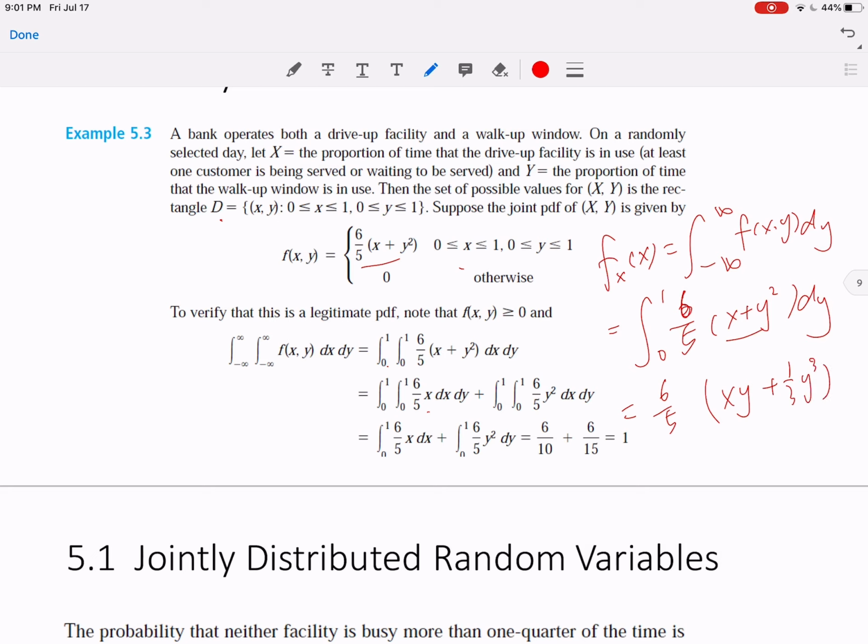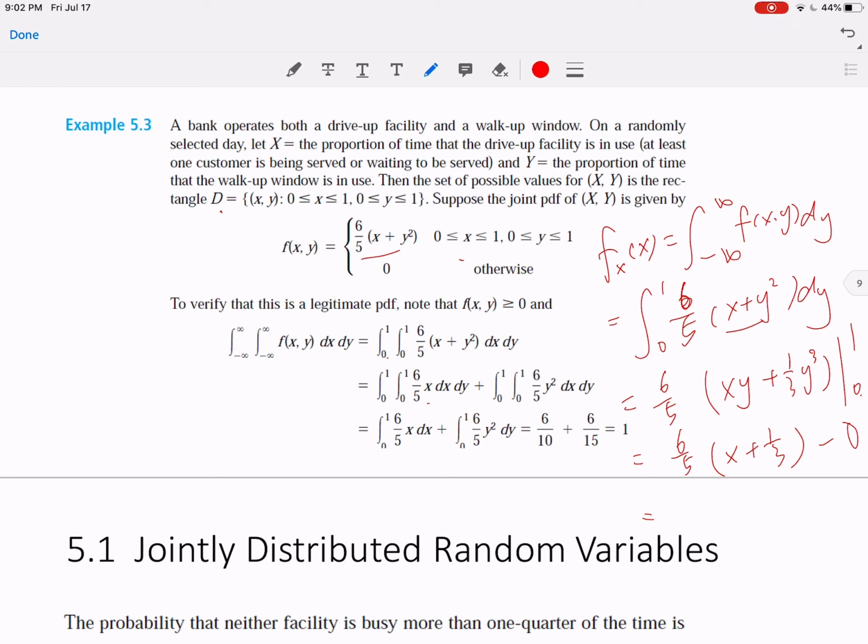And then from 0 to 1. This is equal to 6 over 5 times, we plug the 1 back in for y, x plus 1/3, and minus, if we plug 0 back in, this is going to be minus 0. If you want to distribute the 6 over 5 to the parentheses, it's going to be 6 over 5 x, and then plus 2 over 5.